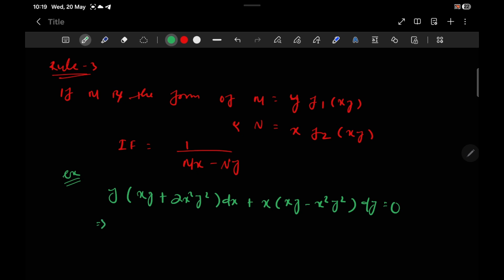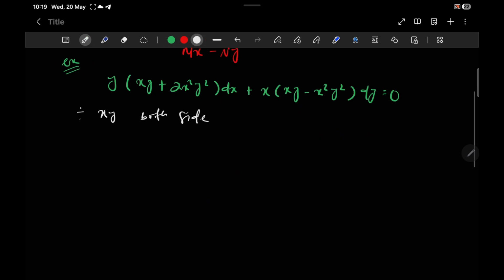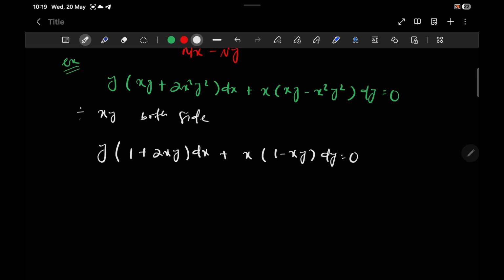Let's divide both sides by xy. So we will get y(1 + 2xy) dx + x(1 - xy) dy = 0. So we made this equation a little bit easier to understand. We have reduced some terms.